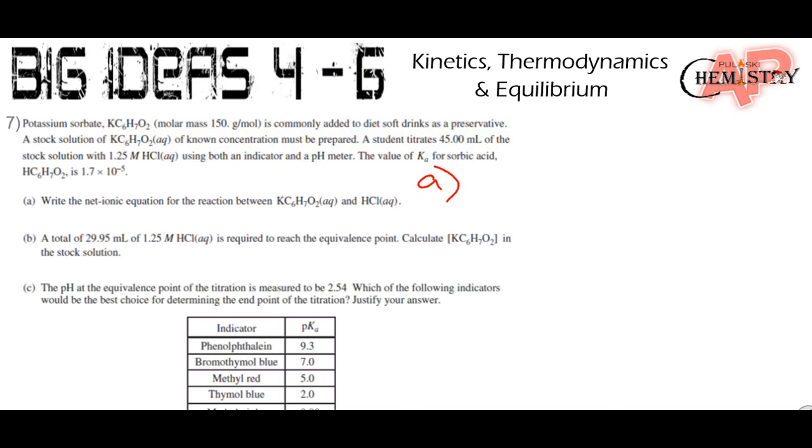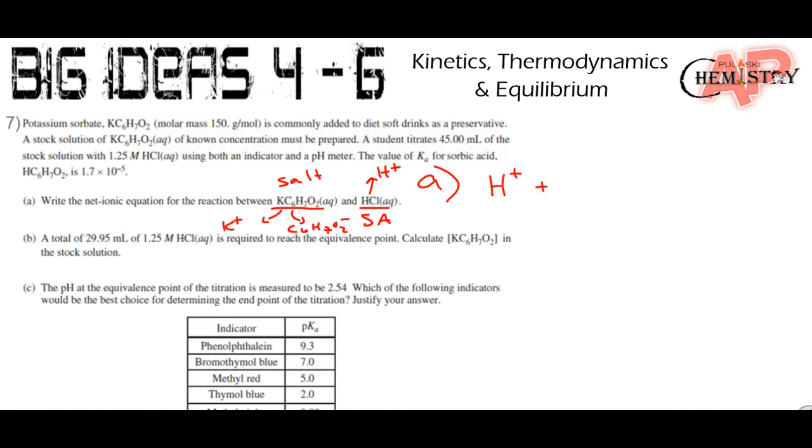Whenever I'm reacting anything in these problems, I always think about what I'm given. I know HCl is a strong acid, so strong acids break apart, and the most important thing with a strong acid is the H+. So I have to write H+. Then I look at this compound, and this is a salt. A salt breaks up into two parts, a cation and an anion.